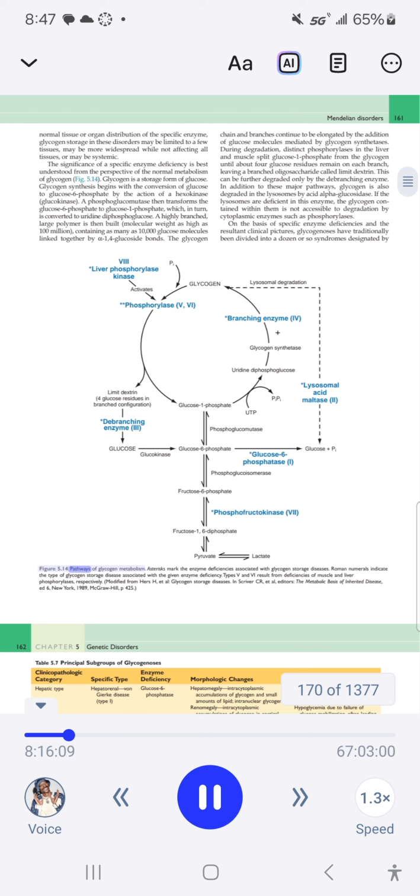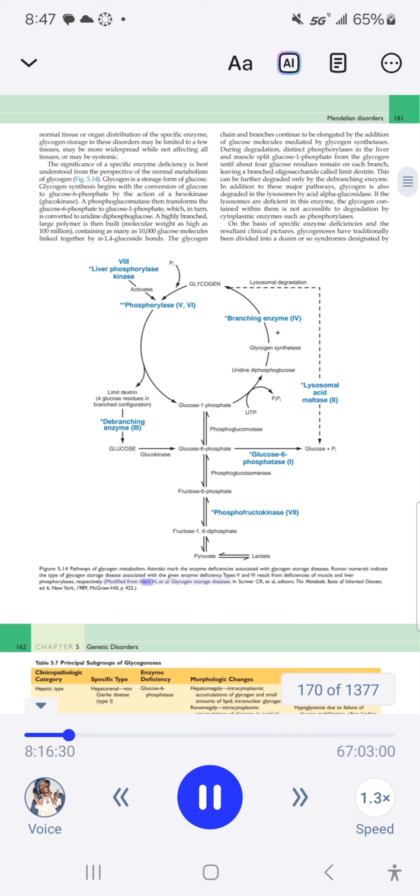Asterisks mark the enzyme deficiencies associated with glycogen storage diseases. Roman numerals indicate the type of glycogen storage disease associated with the given enzyme deficiency. Types V and VI result from deficiencies of muscle and liver phosphorylases, respectively.